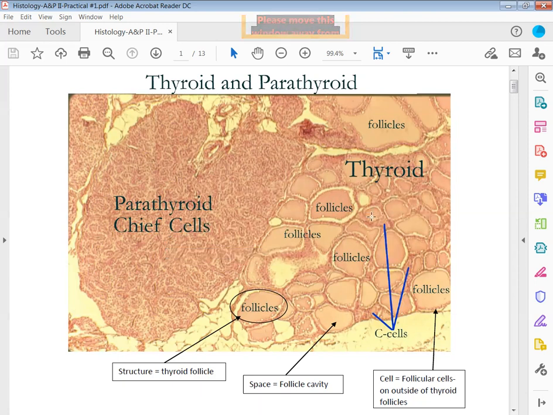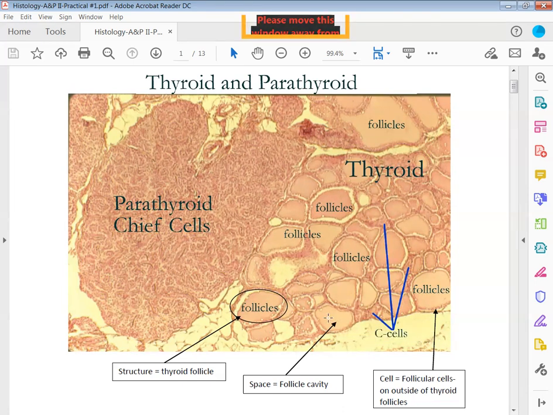But right now we're going to go through the parts or the structures you need to know in the thyroid gland. So this entire circle right here, so the outer lying cells along with the space in here that has the fluid, this entire structure is called the thyroid follicle. Now within the thyroid follicle, you have the space.